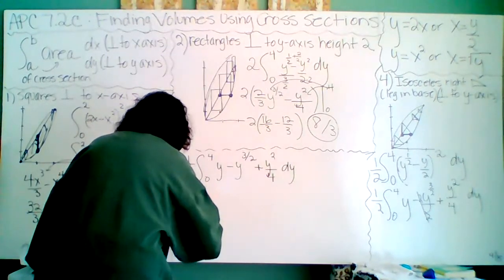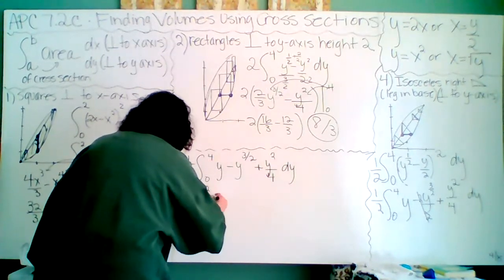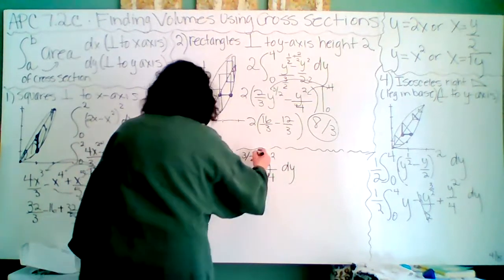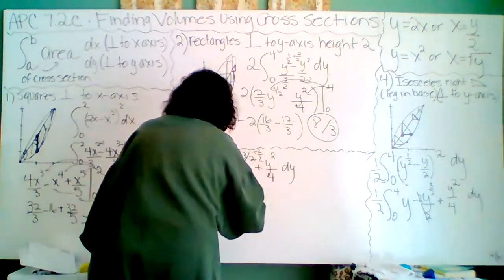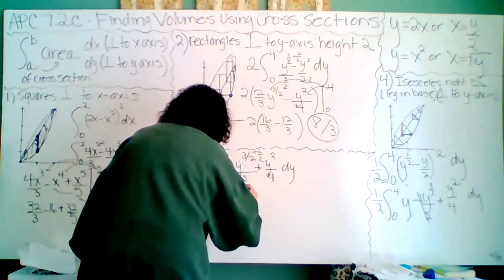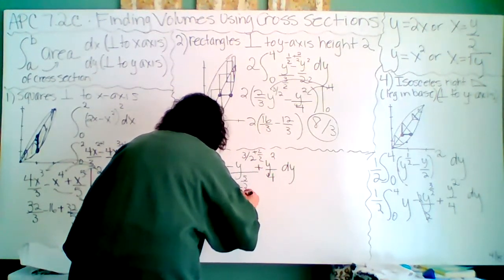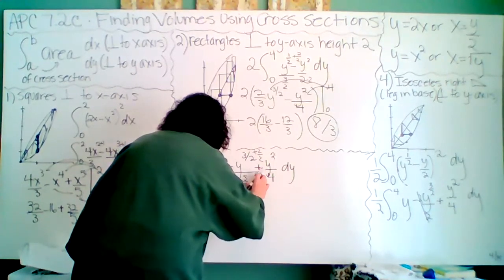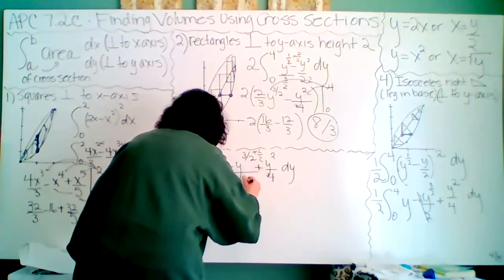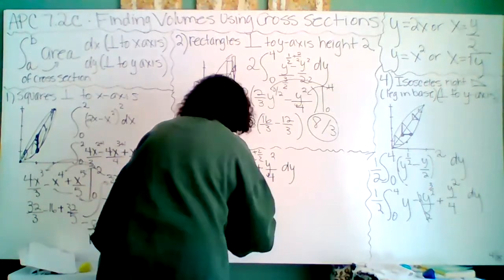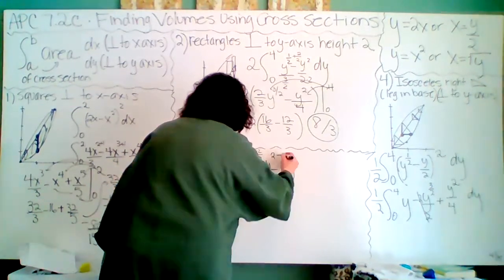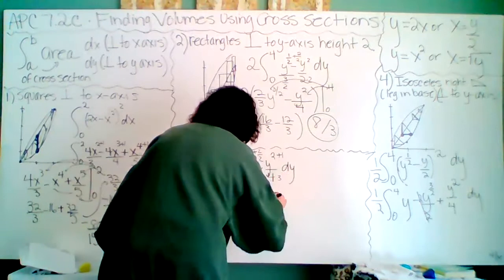1/2 y squared over 2 minus, I'm going to add 1 to the exponent and divide by the new exponent. That's going to be 2/5 y to the 5/2. There we go. And then plus, add 1 to the exponent, divide by the new exponent.